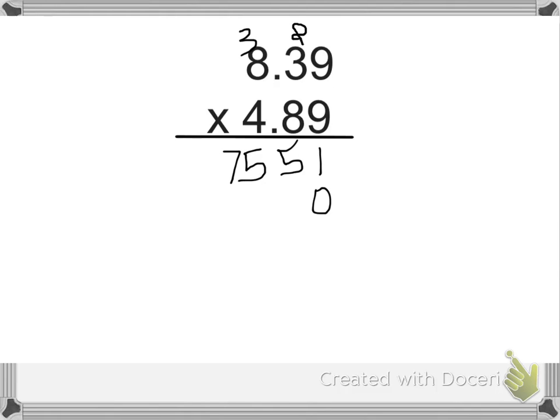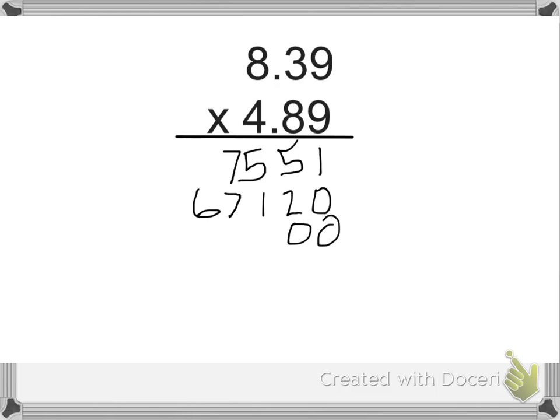Bring down a 0. 8 times 9 is 72. 8 times 3 is 24 plus 7, which is 31. And 8 times 8 is 64, plus 3, which is 67. Bring down 2 zeros.